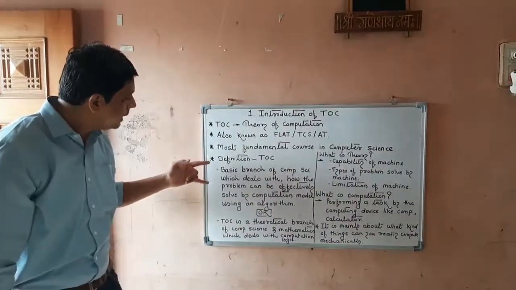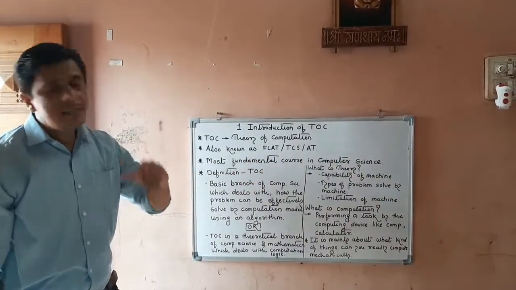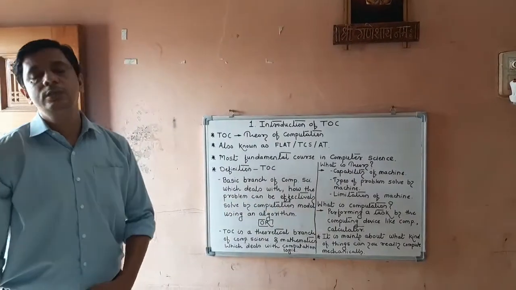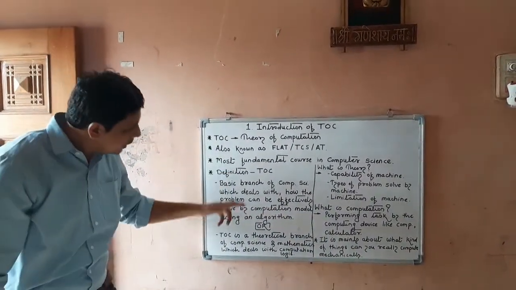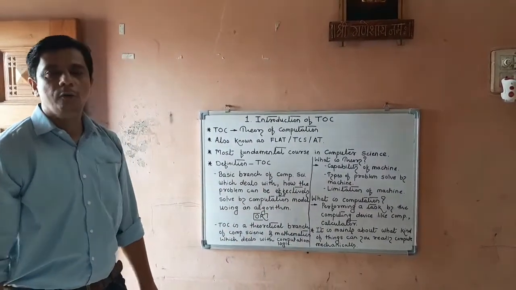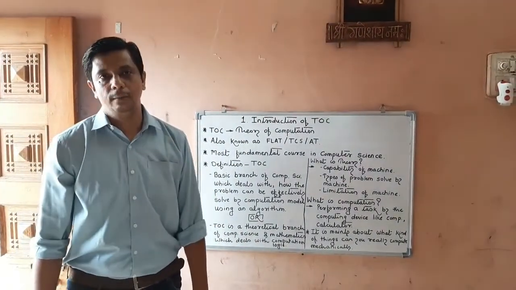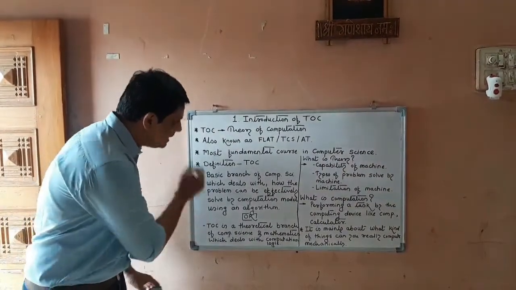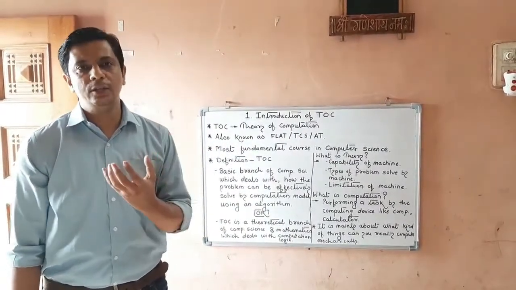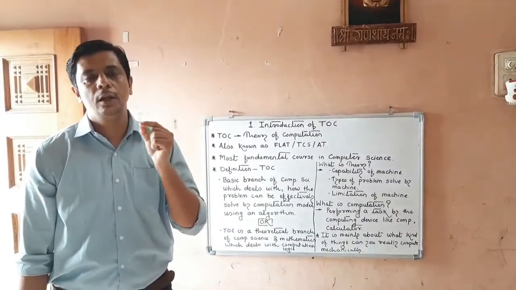The second definition is that TOC is a theoretical branch of computer science and mathematics which deals with computation logic. So both definitions say that TOC is a fundamental branch of computer science and it only deals with computation logic.